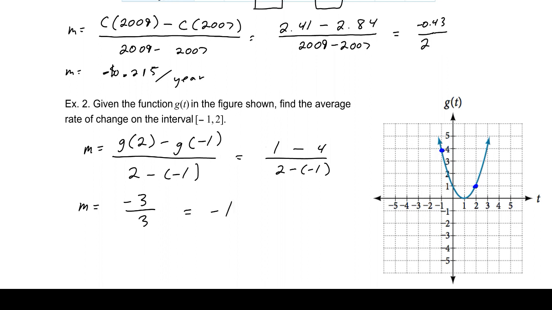So our average rate of change is negative 1 between those 2 points. One way to envision what this looks like is if I connected these 2 points. That is actually the slope. Negative 1 is the slope of that line. You can kind of see it decreases 3 and then goes to the right 3. That's where our average rate of change is coming in.